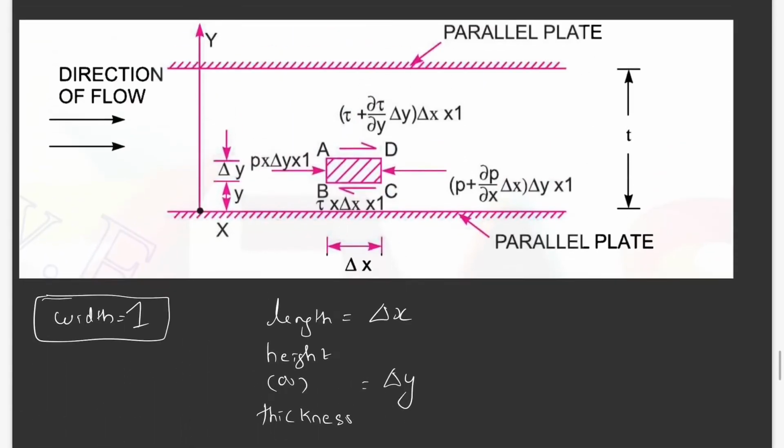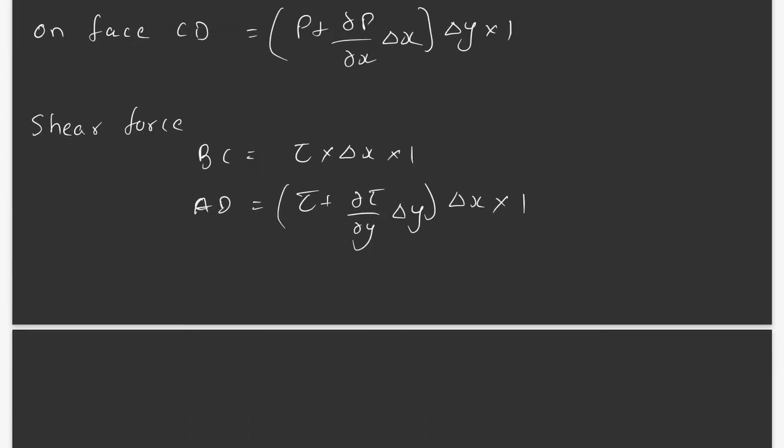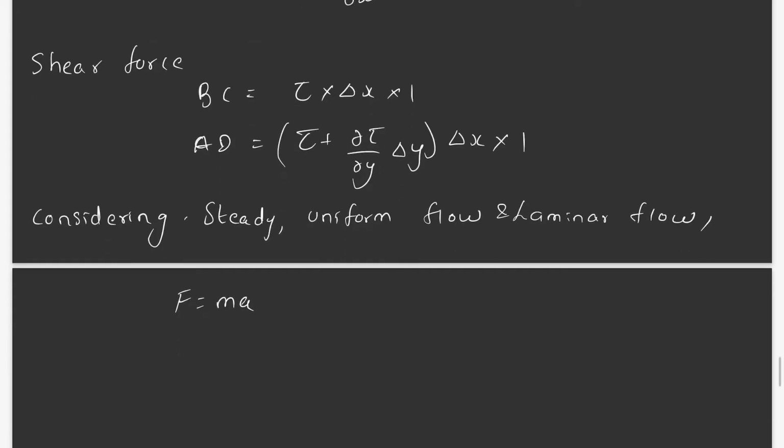Since there is no acceleration, we are considering steady uniform flow. This is still a laminar flow, steady uniform flow and laminar flow. Since there is no acceleration of the fluid, because we know F is equal to ma, Newton's second law.